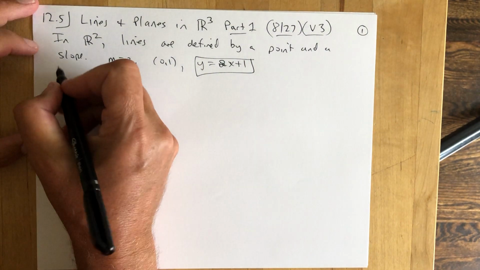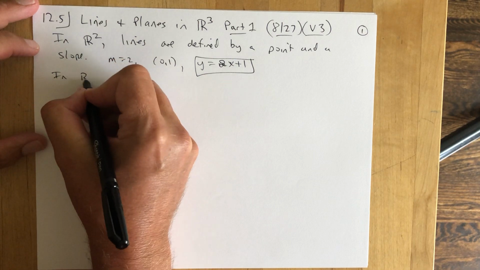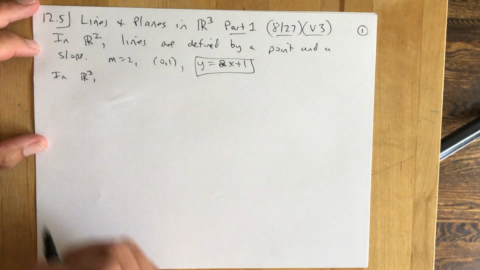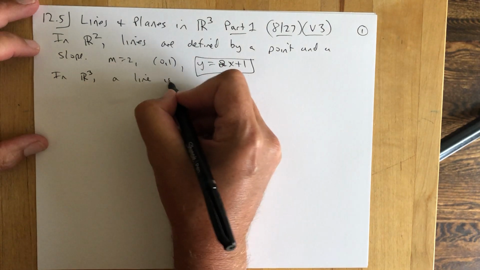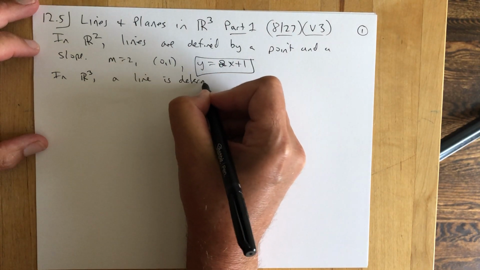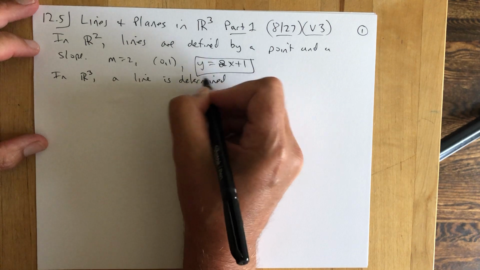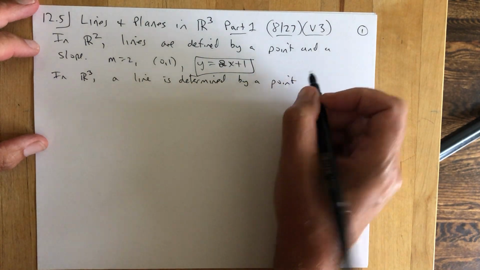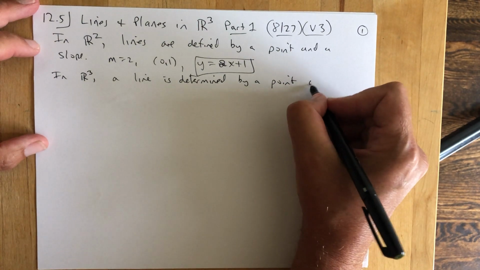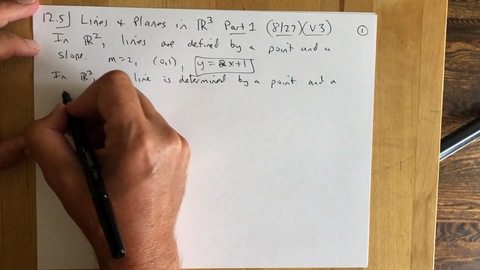In Calc 3, we mostly work in R3, 3 space. In R3, a line is determined by a point, just like up here, and a vector.